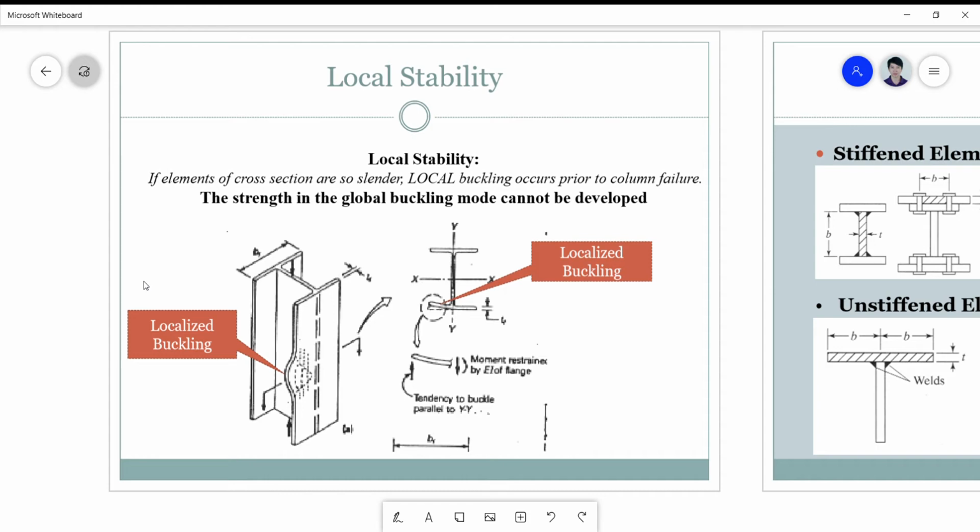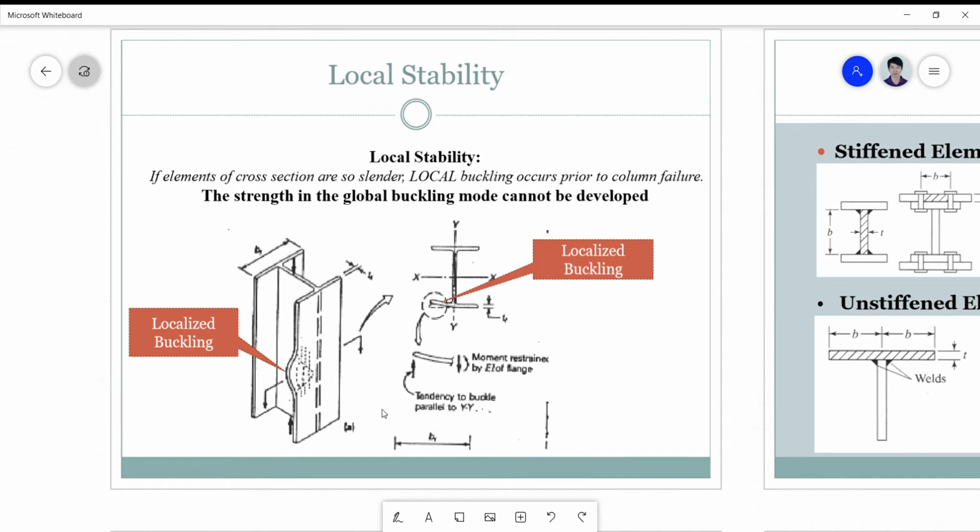Which means that the member is more susceptible to fail locally than globally. Okay, so the strength in the global buckling mode can no longer be achieved because your element has buckled already.